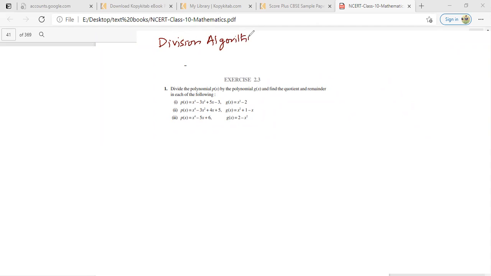Division algorithm: dividend is equal to divisor into quotient plus remainder.